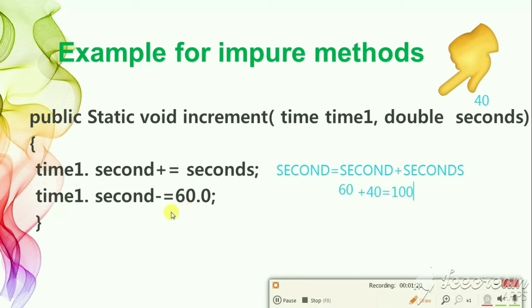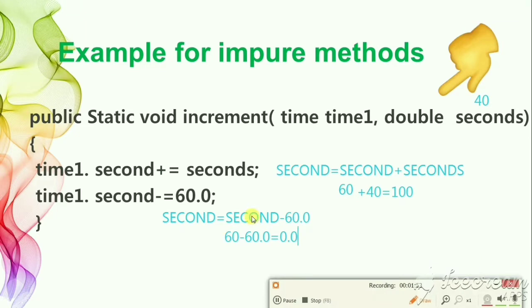Now again here, second minus equal to 60.0. We can consider it as second is equal to second minus 60.0. So here the second value is 60 minus 60.0. So the result is what? 0.0.